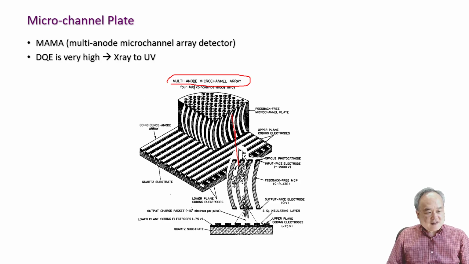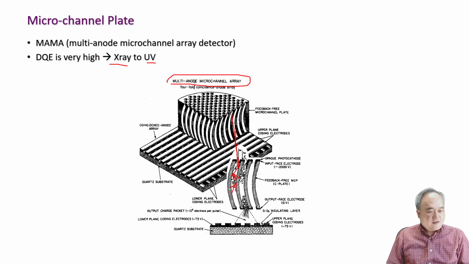The incident light produces photoelectrons, sometimes fast moving, especially in the X-ray and UV range, where the photoelectrons have high kinetic energy. So the created fast-moving electrons hit another wall, producing more collisionally ionized electrons, and these electrons again produce more electrons.